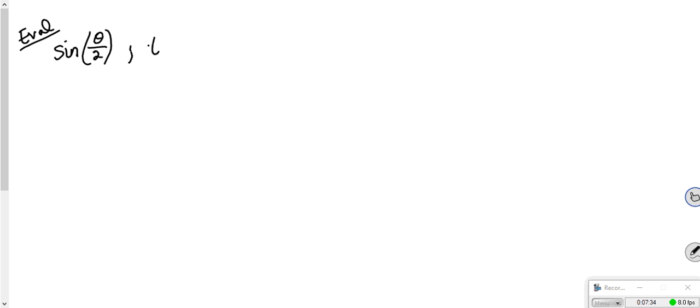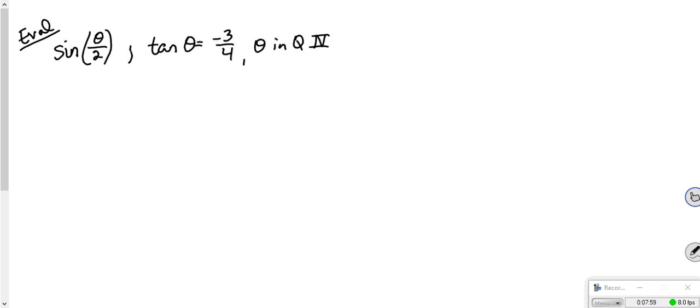Given that tangent of theta is negative 3/4 and that theta is in quadrant 4. Okay, theta is in quadrant 4 and tangent theta is negative 3/4.